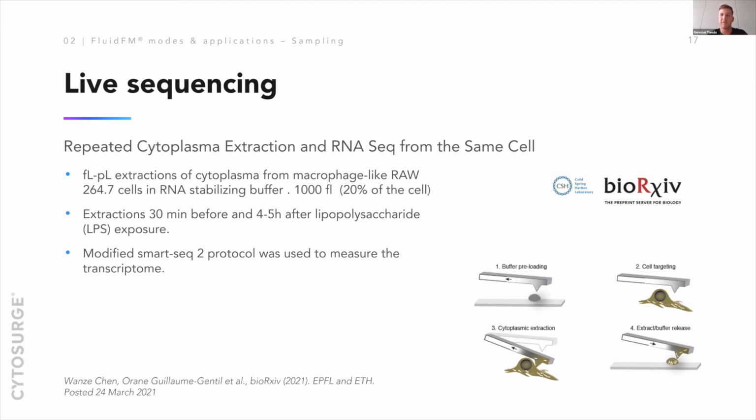But in this way, we have the possibility to not lyse the cell, instead really just take out a certain amount from the cytoplasm that then the cell can regenerate and go on as if nothing happened. And then we can really take transcriptomic measurements at different points in the cell's lifetime, which makes it possible to really follow the trajectory in the transcriptomic space for one single cell.